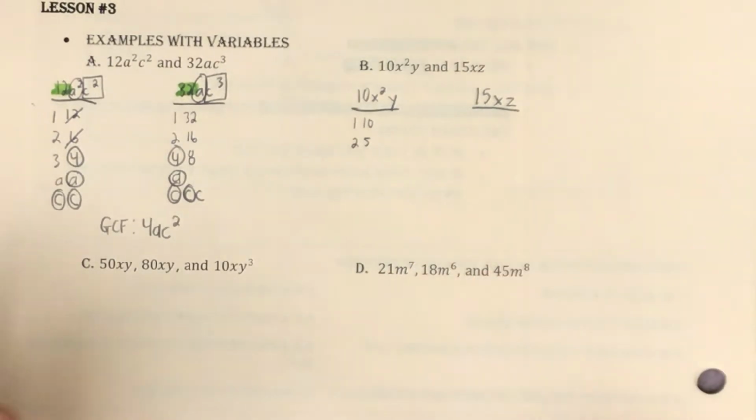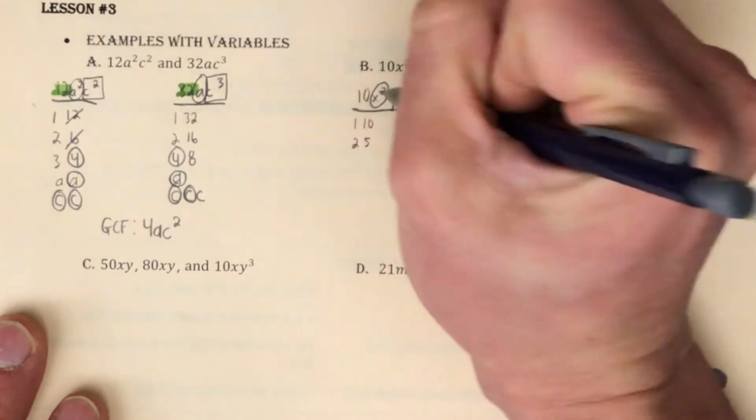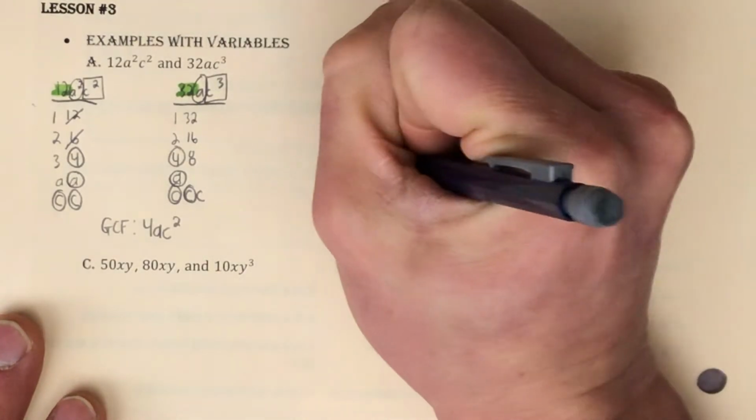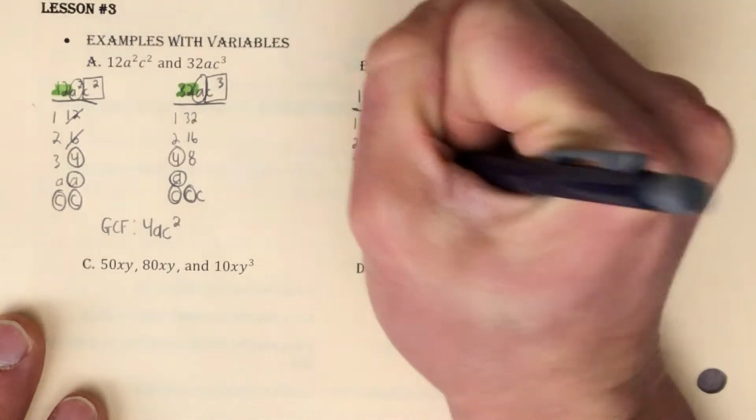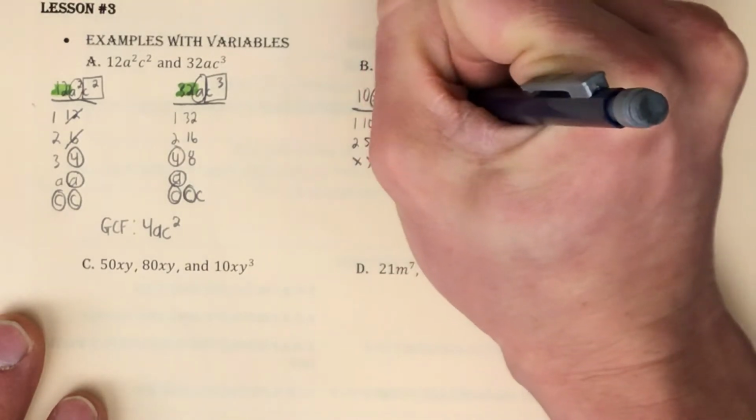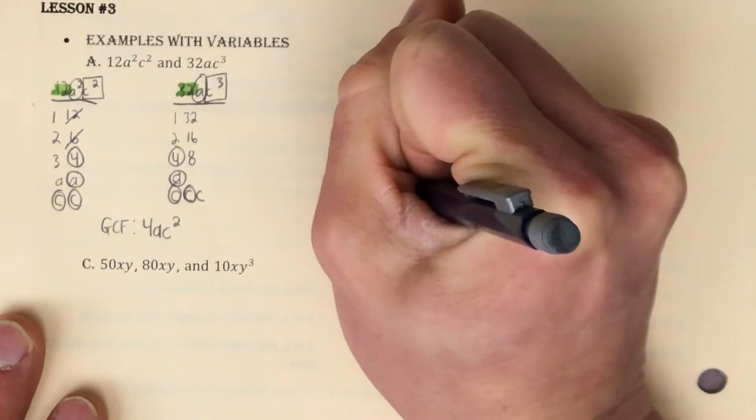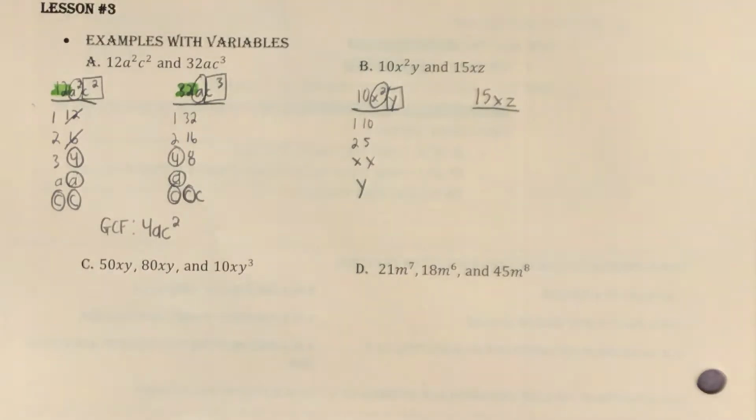Then we move on to the x's. So I've got the x's here. Well, the x squared means x times x. And then I've got a y right here, so I'm going to write out my y down below because there's only one of them. Then we're going to do the same thing for 15.